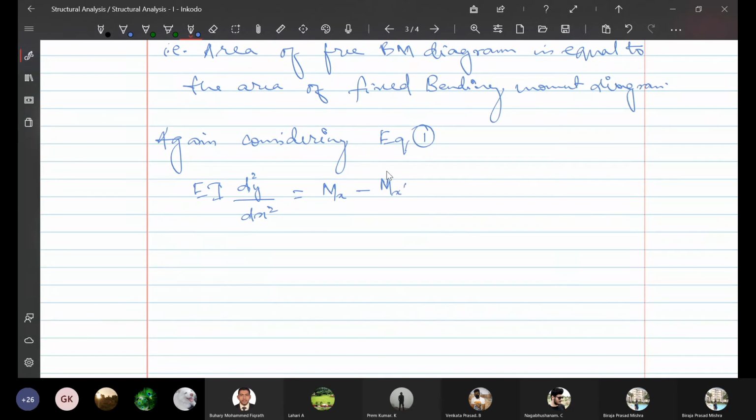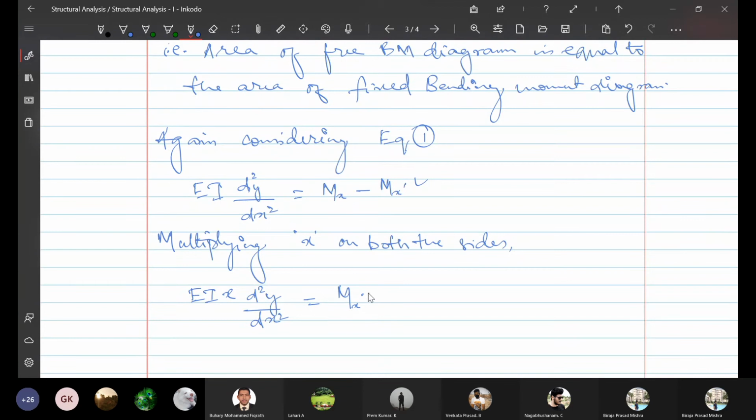If I again consider this one, and multiply x on both the sides, then EI into x into d square y by dx square equals Mx into x minus Mx bar into x.